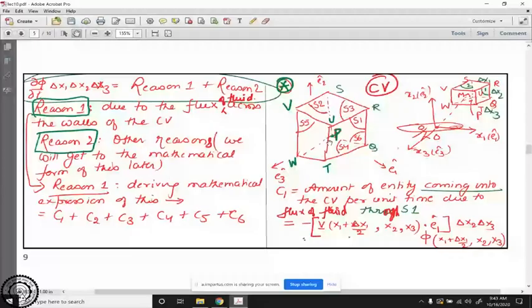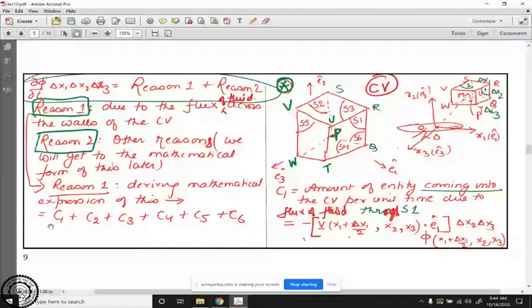And because there are 6 surfaces, there will be flux of entity because of velocity vector across 6 surfaces. So if I take into account all those fluxes in an algebraic sense, keeping in mind plus and minus, then I should be able to get the net rate at which the entity is accumulating or changing inside the control volume because of all this transport action.